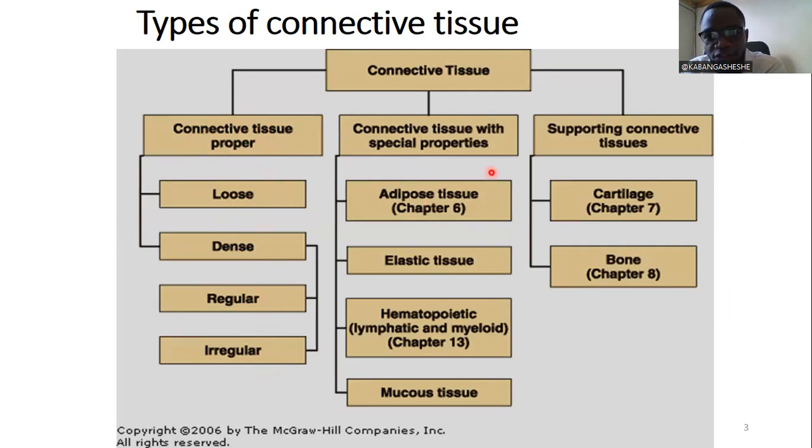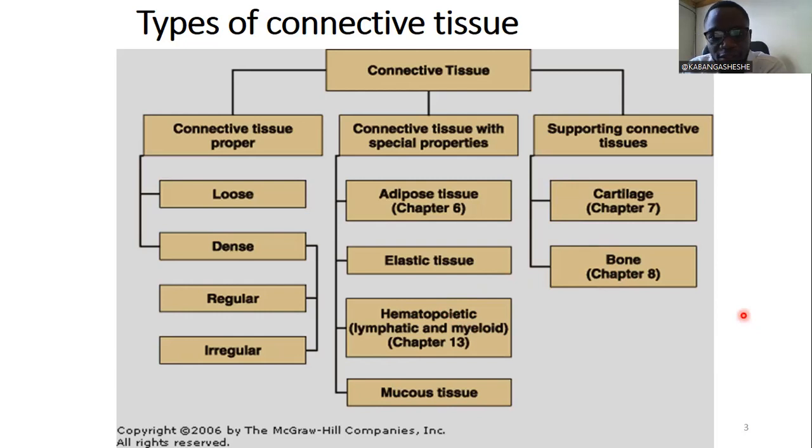Then we also have connective tissue with special properties or special function, or you can simply call it specialized connective tissue, under which follow adipose tissue, elastic tissue, hematopoietic tissue, this is bone marrow as we call it, and mucous tissue or mucoid connective tissue. Then we have cartilage on the other end, and bone. So all these types are specialized types of connective tissue, each performing a specific function in the body. Other than attachment, they have extra functions.